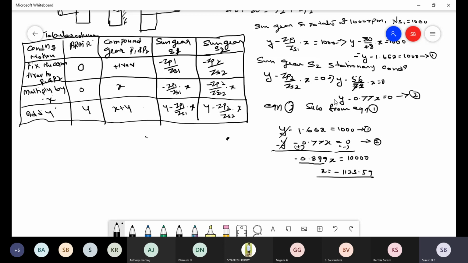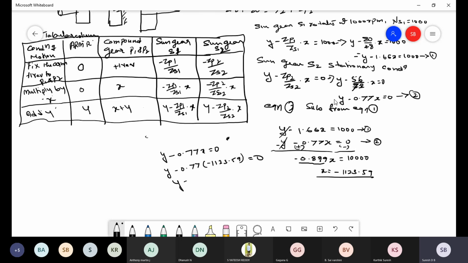Once you know the value of x, you can substitute it in either the first or second equation. For the second equation, y minus 0.77 into 123.59 equals 0.